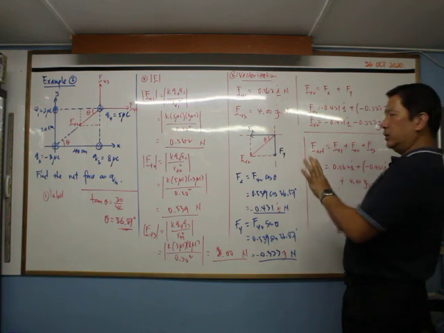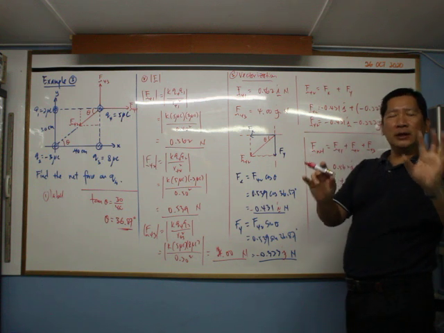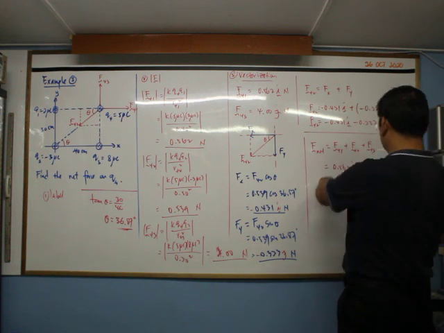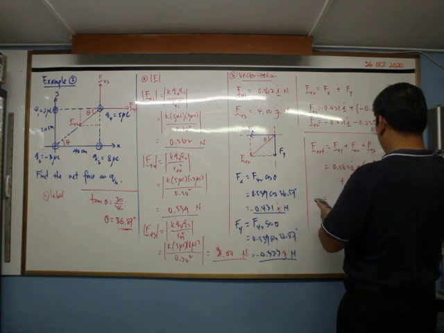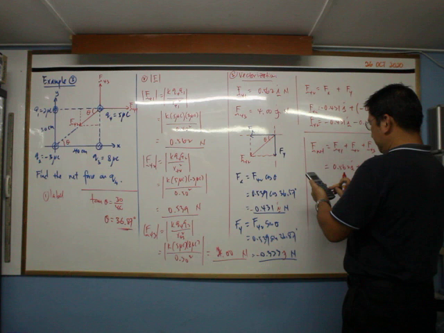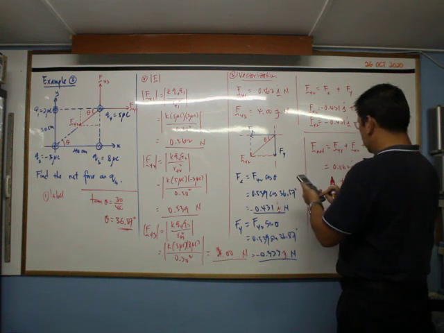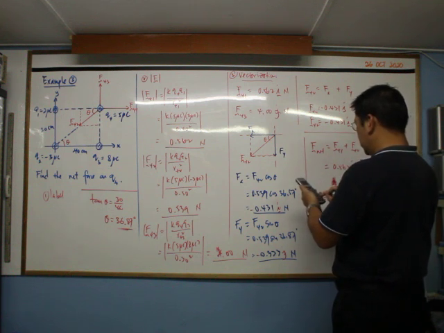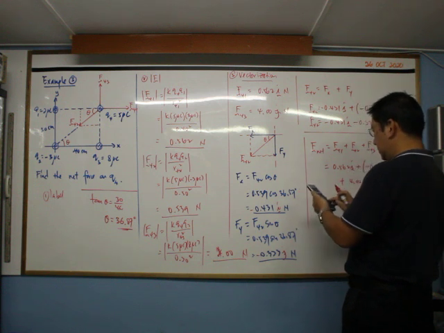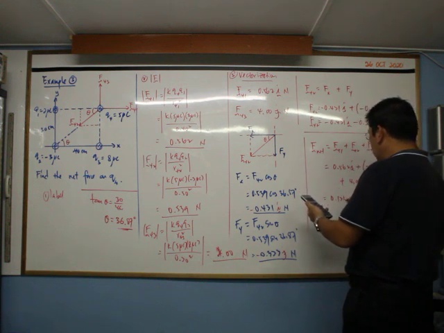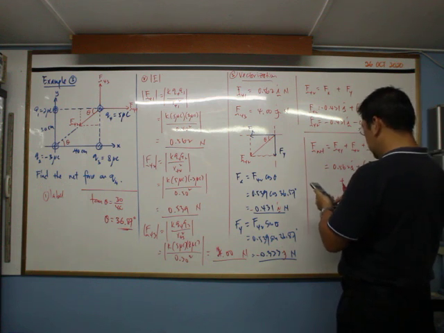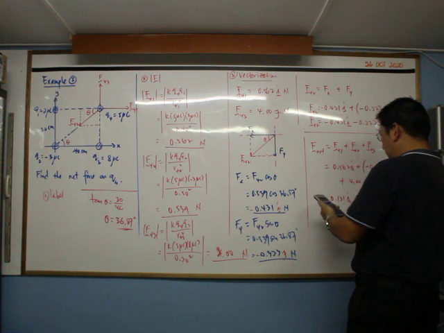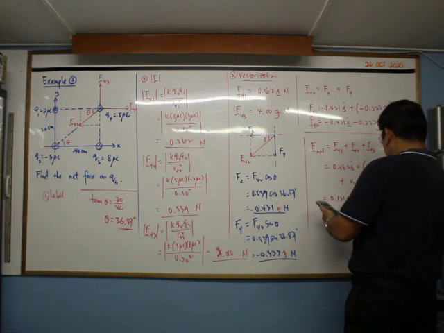Now, we only combine the same component, I with the I, J with the J. So we have for our I component 0.562 minus 0.431, and you get 0.131I, and the last one is 4 minus 0.323, and we get plus 3.68J Newton.